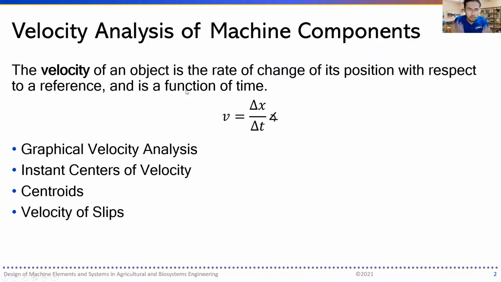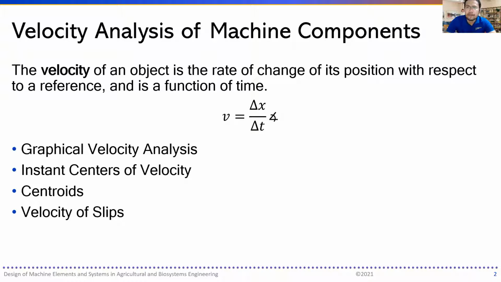Just to start out the discussion, we define velocity as the rate of change of the position of an object with respect to a reference frame, as a function of time, depicted by the equation v equals delta x over delta t, and with a specified direction.